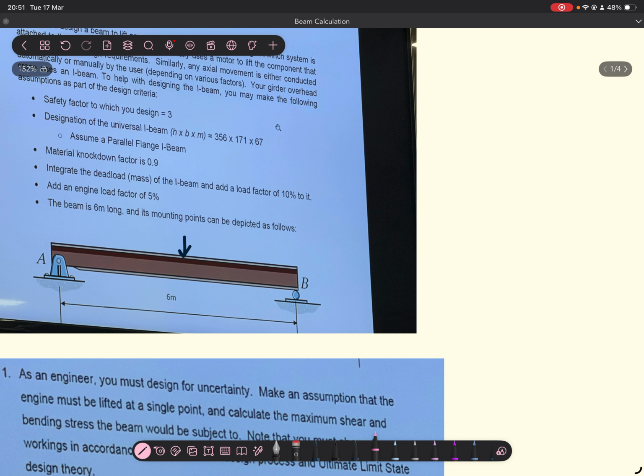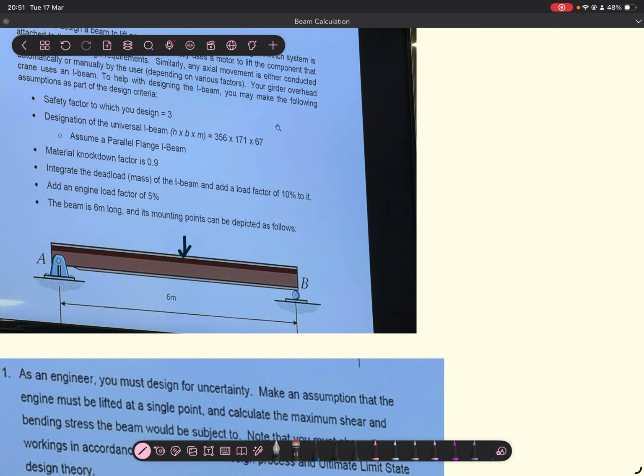And then we also incorporate the dead load, the weight of the I-beam, right? And then we're asked to apply a load factor of 10%. So we want it to weigh 10% more than what we expected.